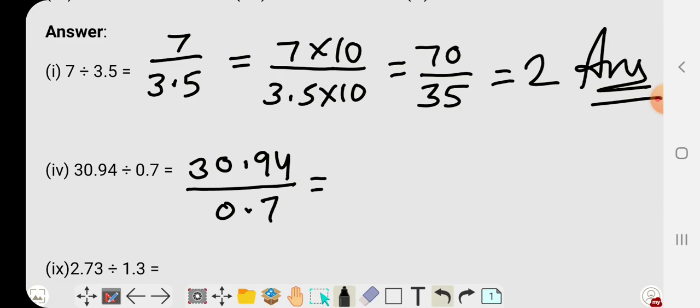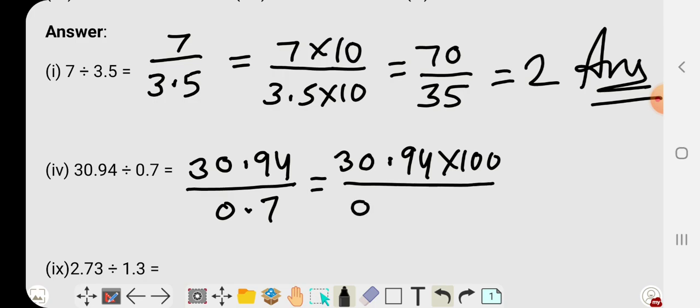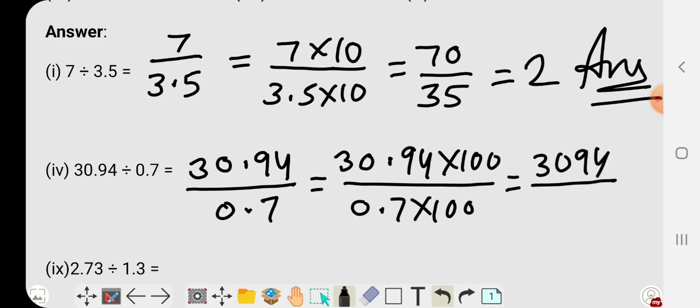If I multiply both with 100, it will become 30.94 into 100 upon 0.7 into 100, which is equal to 3094 upon 1 0 will be used in removing the decimal, and 1 0 will be written after this. So finally we have got 3094 upon 70.